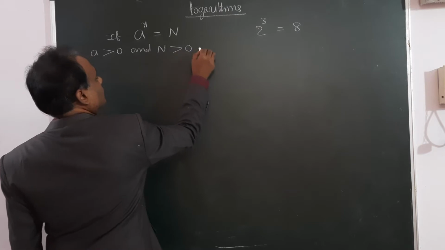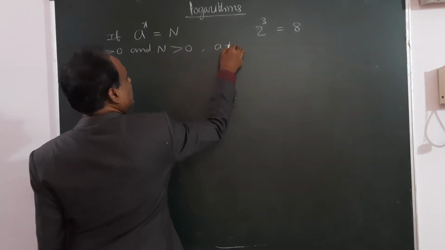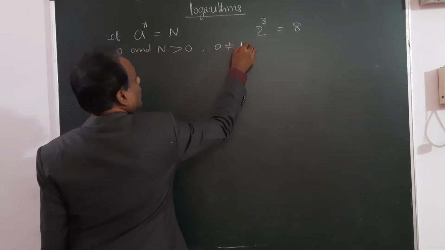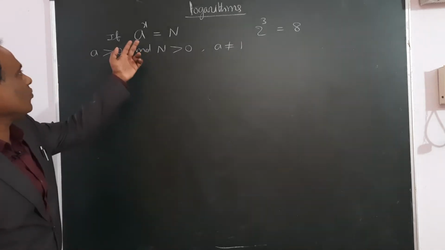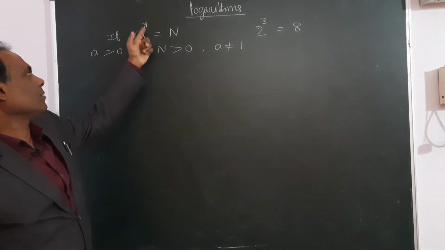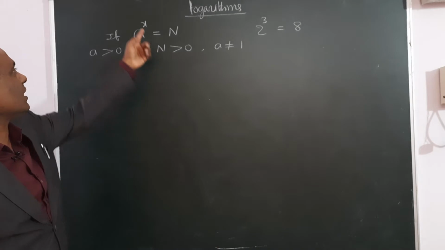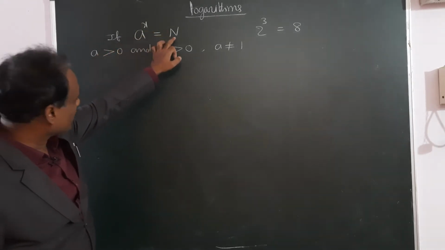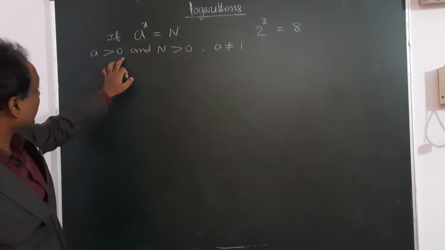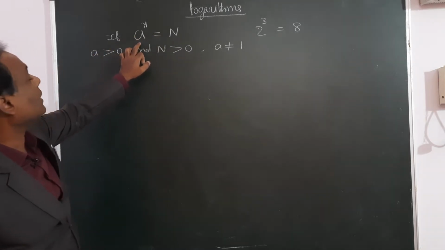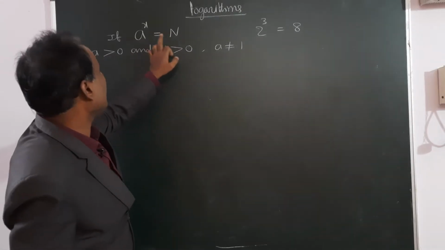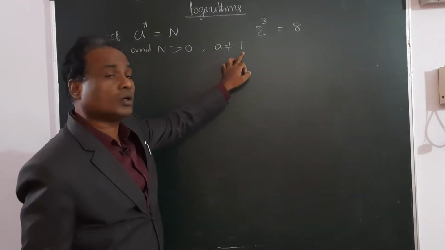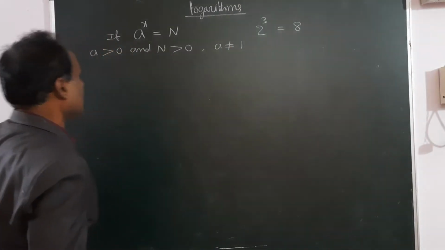And this base should not be equal to 1, because if base is equal to 1, then for any power that will be 1 only, so that power does not matter. So therefore the conditions are: if a power x is equal to n, provided a greater than 0, a is a positive number, n is a positive number, and this base should not be equal to 1. So these are the conditions.